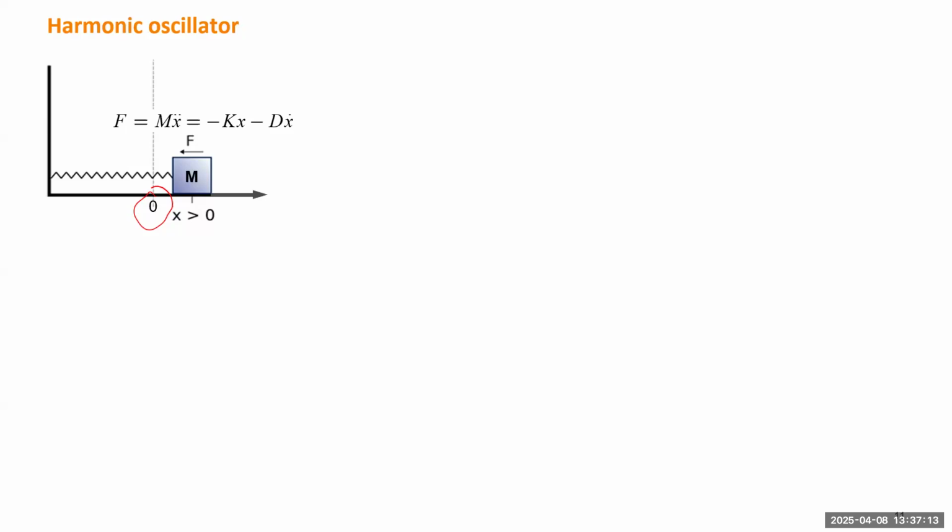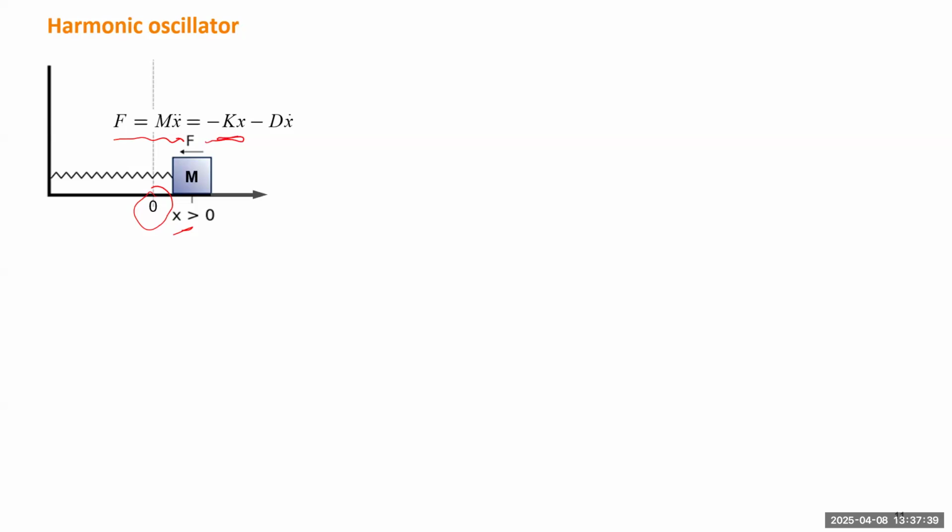So we can define the positive direction for the displacement from that point as x. Then based on Newton's second law, we have the first equation: the force is equal to the mass multiplied by the acceleration. The second equation is based on Hooke's law.